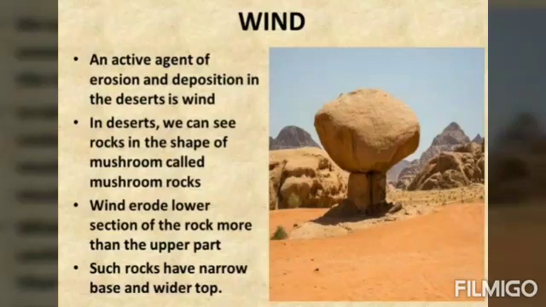In the lower part the rock is soft, so it is easily eroded; the top is hard rock. Such rocks have a narrow base and wider top, so they look like a mushroom. That is called a mushroom rock.